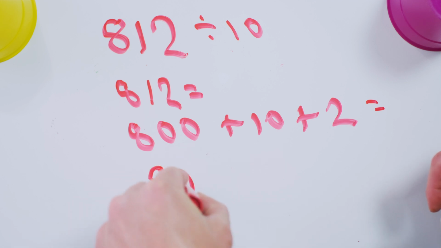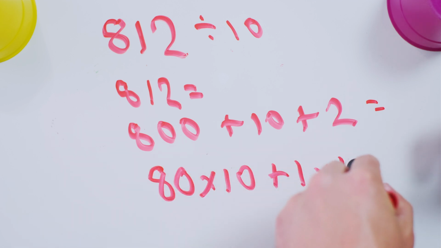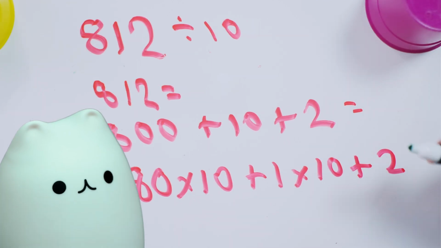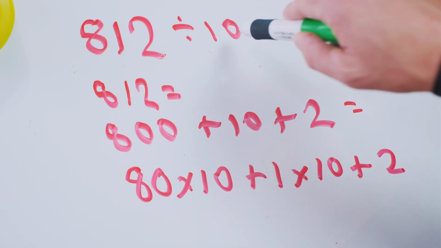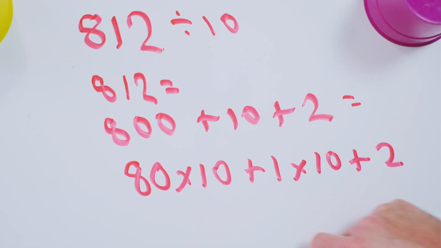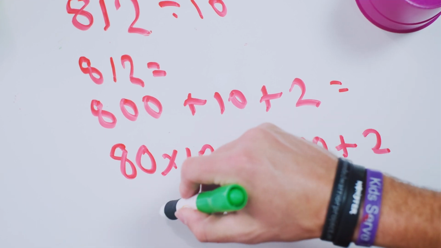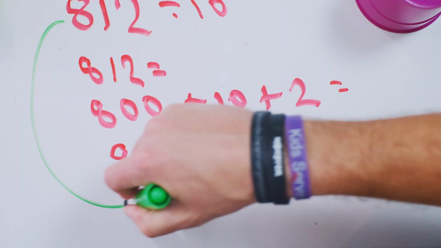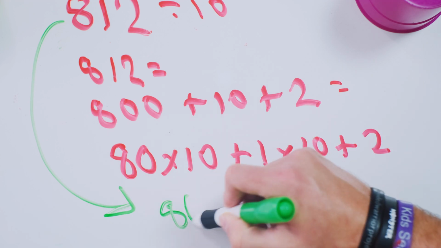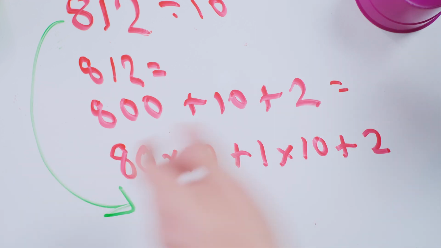That's 80 tens plus 1 ten plus a good old whopping 2. So when you divide 812 by 10, ooh, now it's really obvious what you gotta do. You bring your arrow down here so that you know where the work continues. 80, because you're dividing by 10. 80 tens, oh, you're dividing by 10.